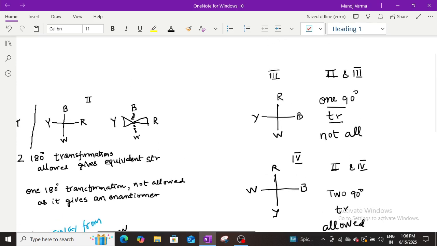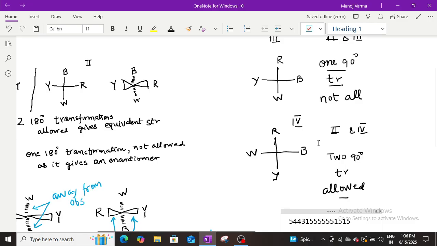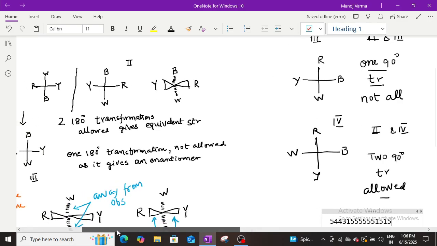That means it will not give you the equivalent structure, but it will give you the structure of its enantiomer or another compound. But if we do two 90-degree transformations, now you see, if I compare 2 and 4, here the red and black have been interchanged, and even the yellow and the white have been interchanged.